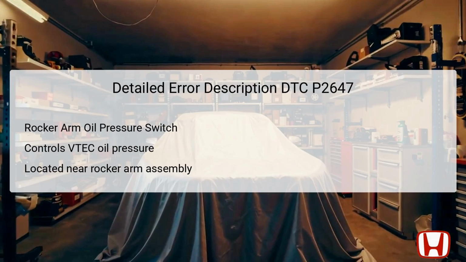The rocker arm oil pressure switch is an integral component of the VTEC, variable valve timing and lift electronic control system, located near the rocker arm assembly in the engine compartment. Its primary function is to monitor oil pressure and relay this information to the engine control module, ECM, to ensure the VTEC solenoid operates effectively.